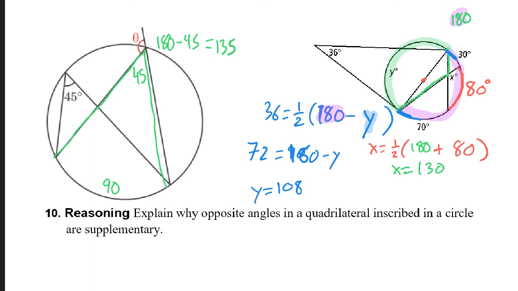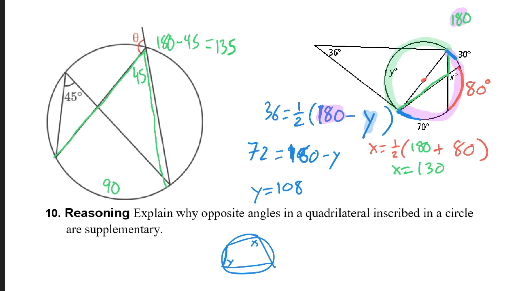All right, explain why opposite angles are always supplementary. Opposite angles in a quadrilateral inscribed in a circle. So I need a circle, and I need a four-sided figure in here. Why would opposite angles like x and y always add up to 180?